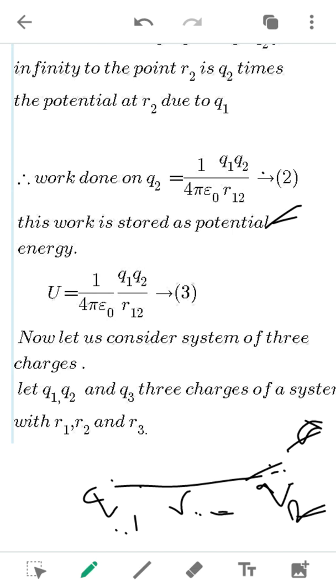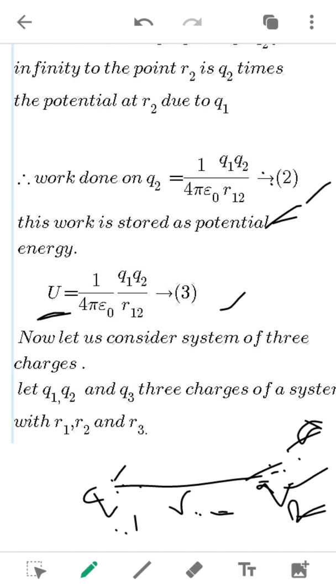Now this work done between the two charges q1 and q2 is stored as the potential energy. We indicate the potential energy as U. Therefore U equal to 1 by 4 pi epsilon naught q1 q2 by r12. This is considered as equation 3. So work done on q2 is taken as equation 2.